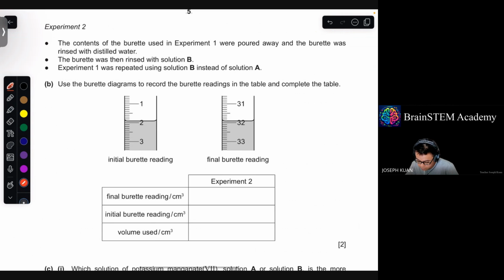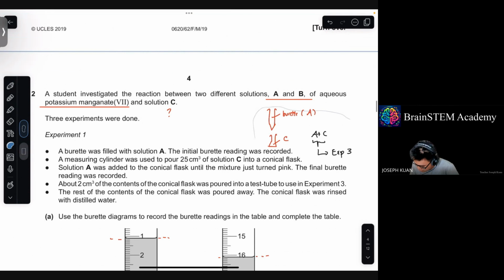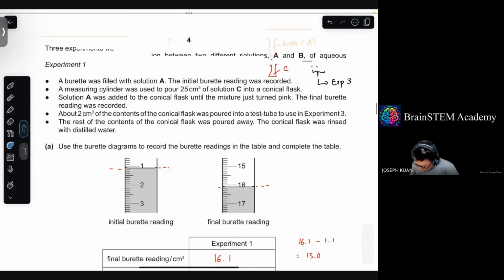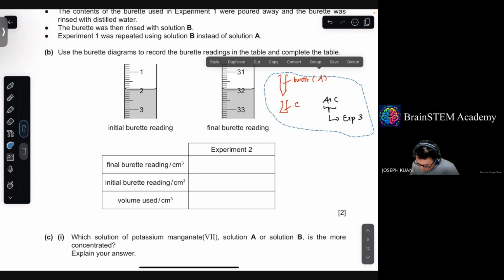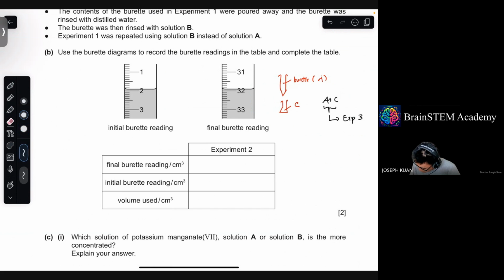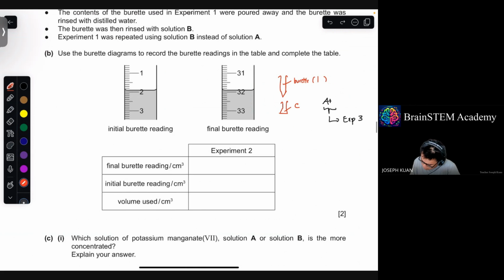The burette was then rinsed with solution B. Experiment 1 was repeated using solution B instead of solution A. So essentially it is the exact same setup, but instead you're doing it for solution B. Now, B, use the burette diagrams to record the burette readings in the table and complete the table.